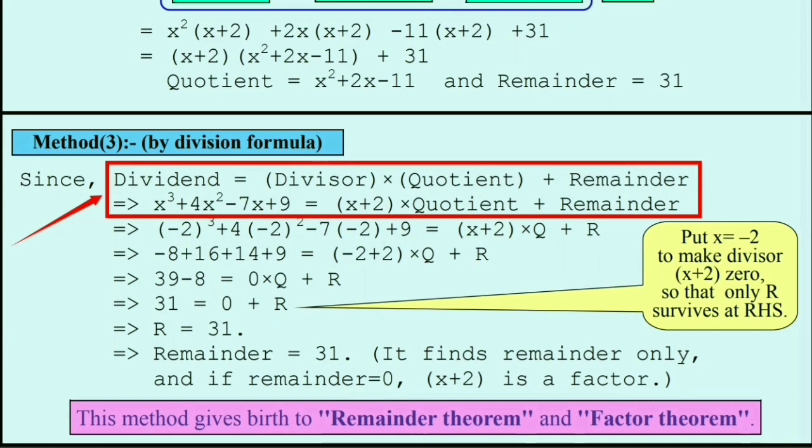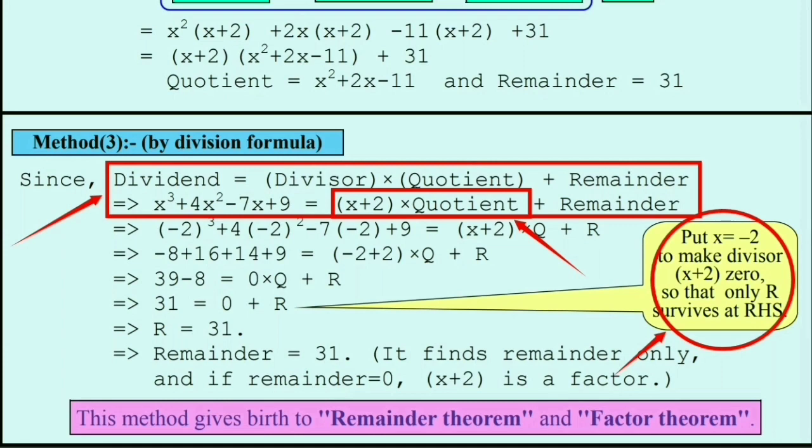And towards the solution, my aim is to make the first term of the right hand side 0, so that at the right hand side only remainder survives. For that we need to replace x with a constant, and observe here the explanation put in the yellow shaded box.